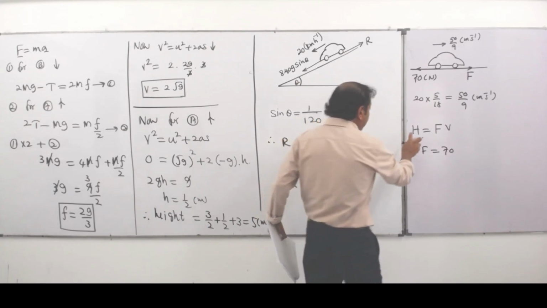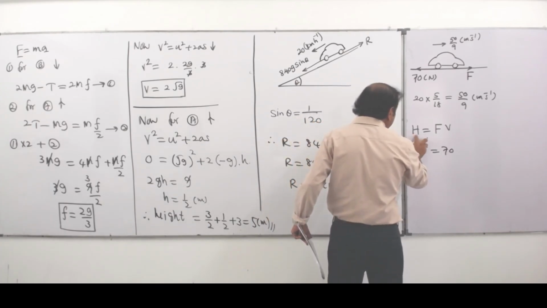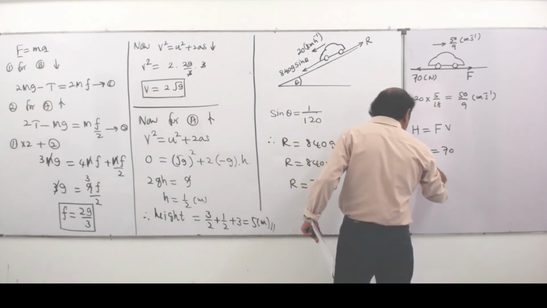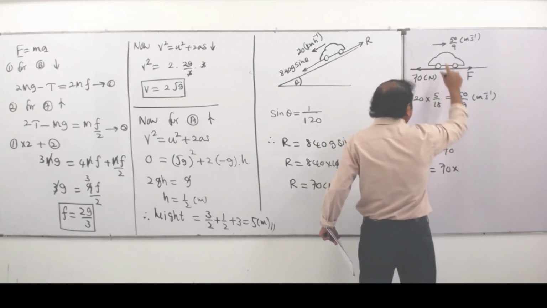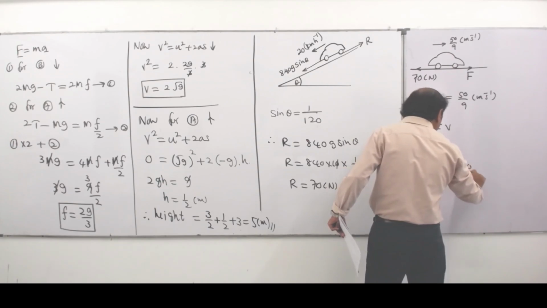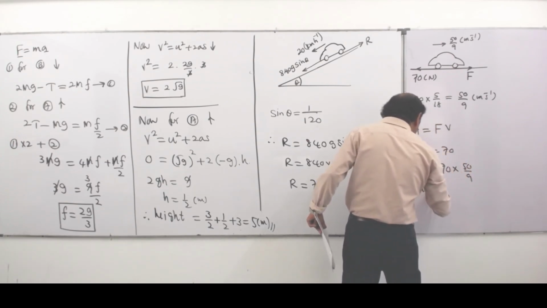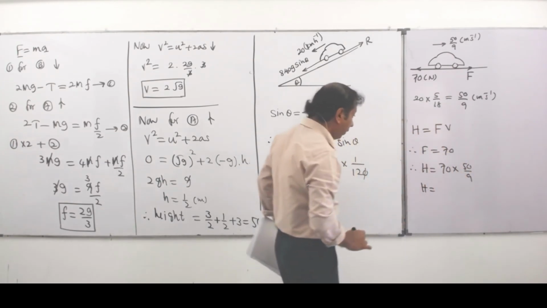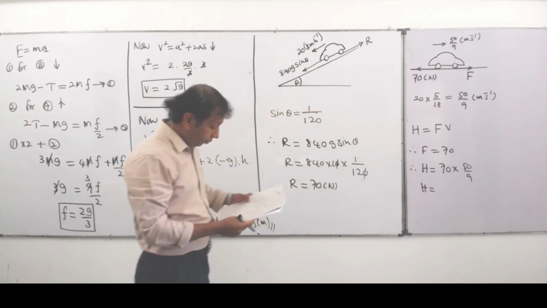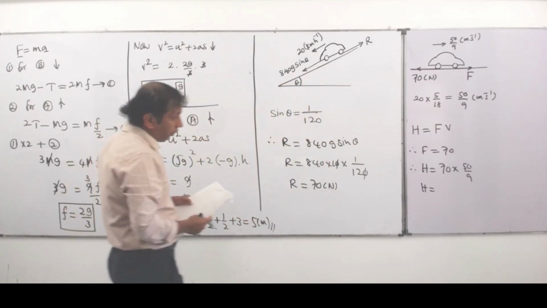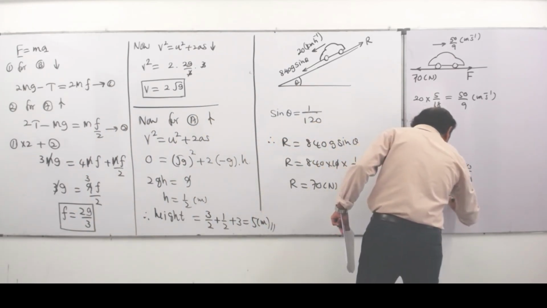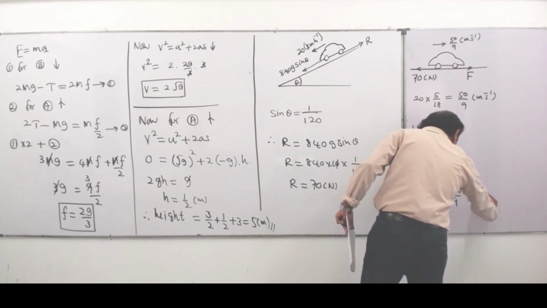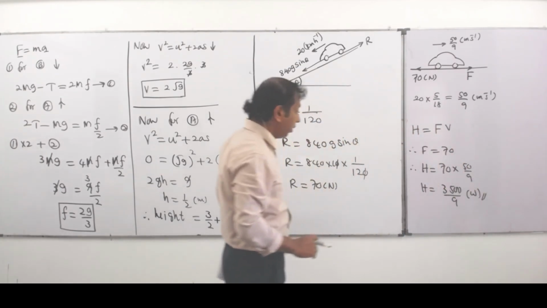Then we need to find P, no? P can be calculated. Therefore, P equals 70 into V. It is 50 over 9. Then we get P in watts. Then what do you get there? We get 3500 by 9. 3500 by 9 watt. This is the required power of the car. Right.